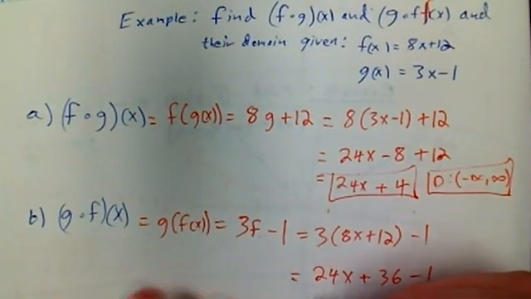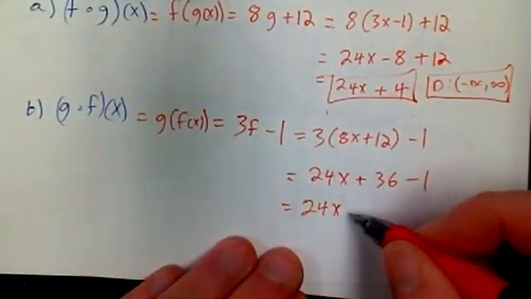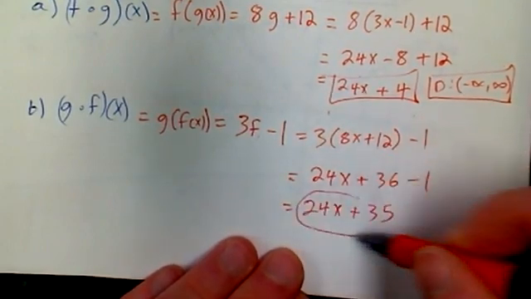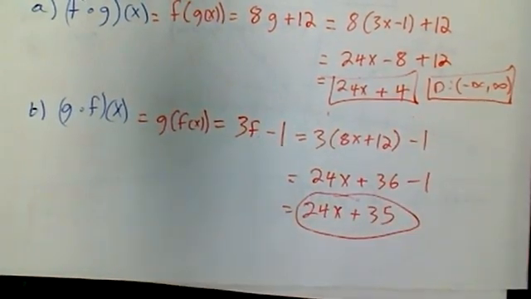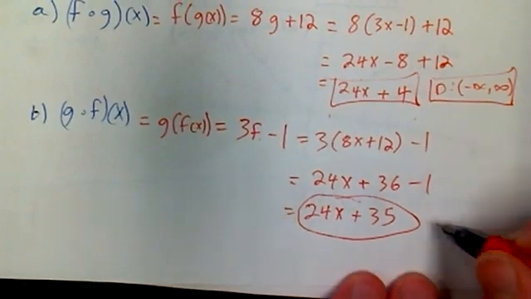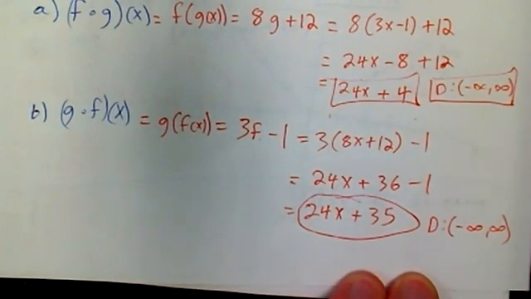And finally, we have 24x plus 35 for our final answer. So we're right here. Okay. And once again, there was no division by 0 or negatives under any square roots that ever happened. So I have all real numbers as my domain once again.